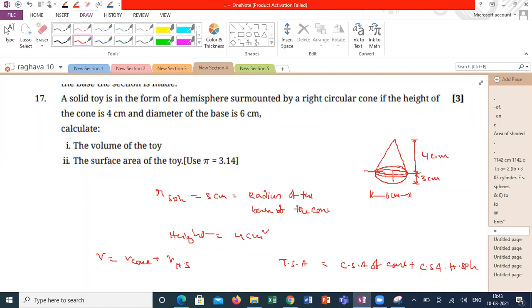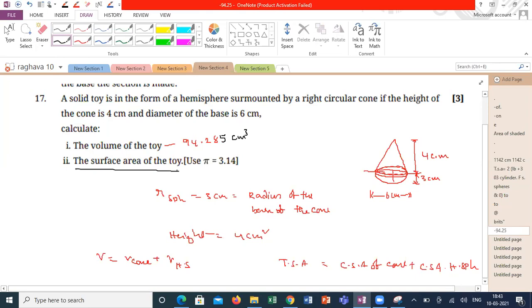Sir, I got the volume of the toy as 94.285 centimeter cube, sir. 94.28. I also got the same, sir. 285 centimeter cube. Find the total surface area of the toy.